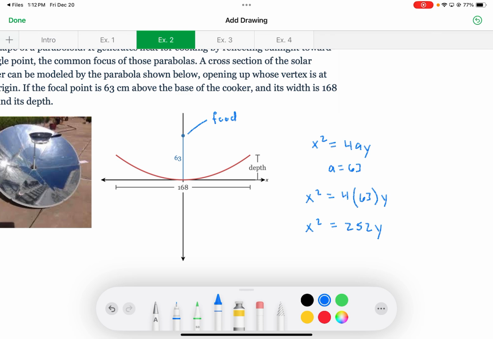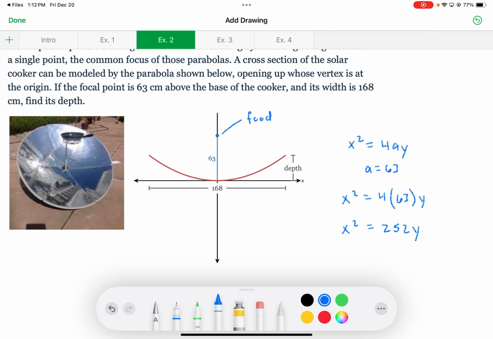So there's the equation for the parabola that's graphed there, but now we've got to go further. It says the width of the cooker is 168 centimeters. That means from end to end. We want to know its depth. The approach here would be to figure out the y-coordinate of that endpoint using our model.